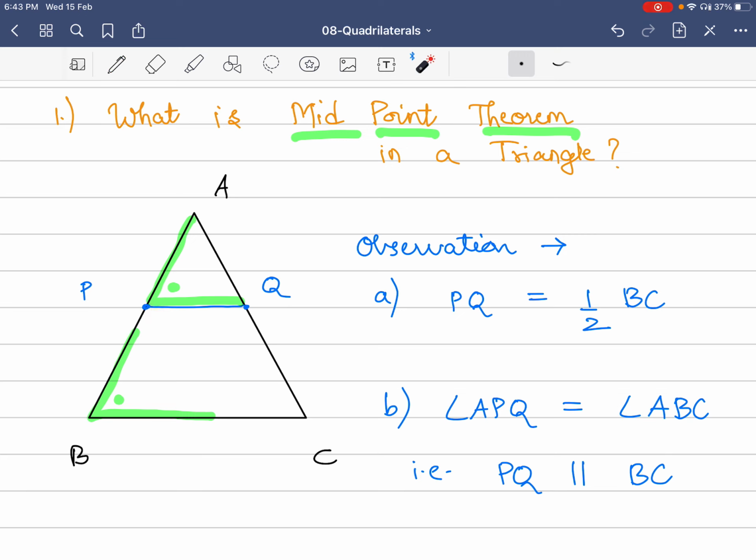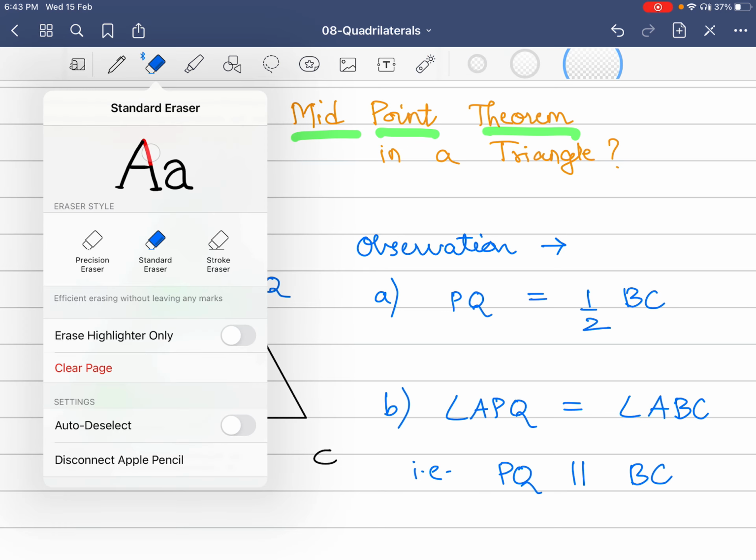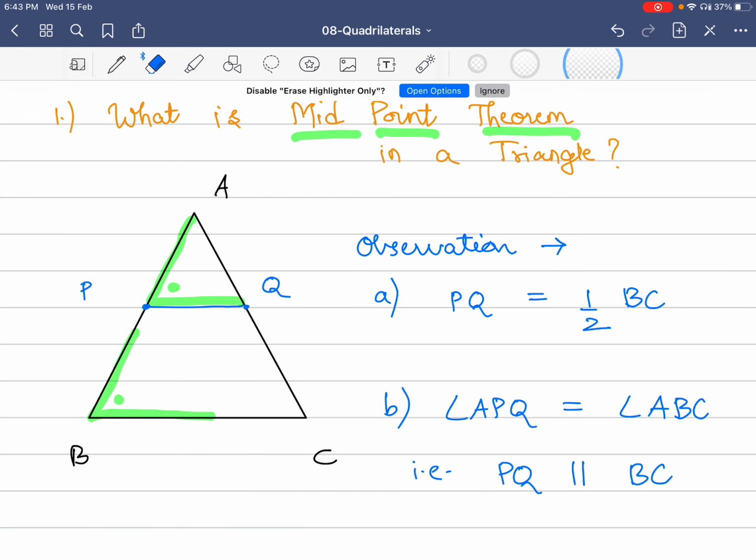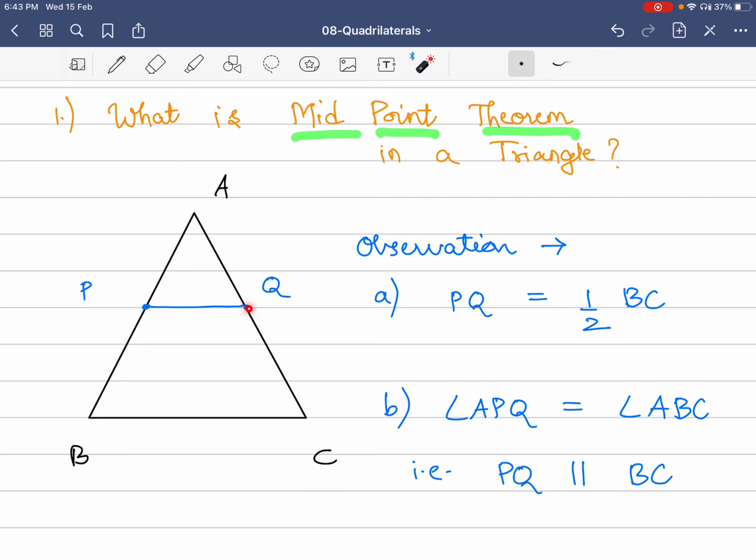So let us summarize what the midpoint theorem in a triangle is. Before that, let's get rid of these highlighted things. Now the midpoint theorem says if you draw a line connecting the midpoints of any two sides of a triangle, here we took AB and AC, you can take AB and BC, or BC and AC, any two sides of a triangle, you find their midpoints and connect them with a line, then these two things hold true.